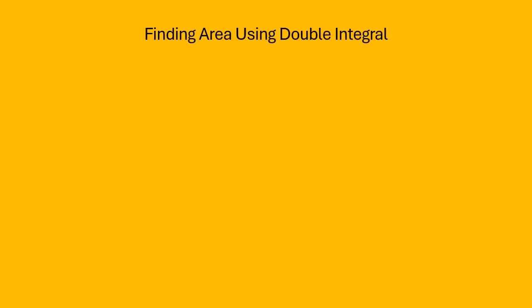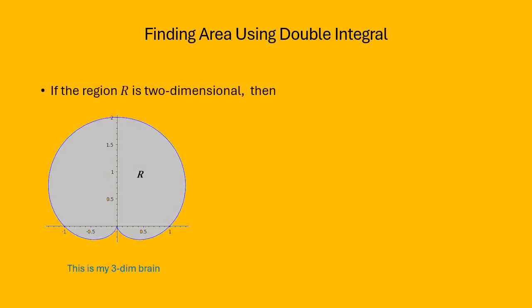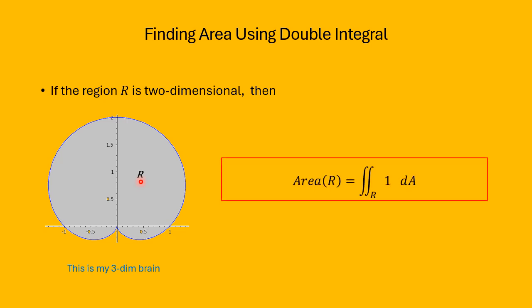So let's see how we can find an area using a double integral. Suppose we have a region R in the xy plane, let's say, and it's two-dimensional. Then we can find the area of this region R by just integrating 1 over that region R, the integral over R of 1 dA.